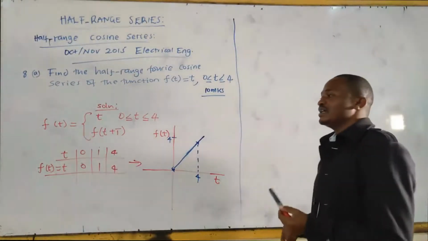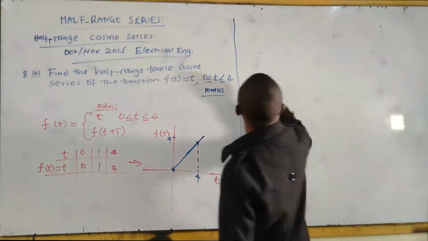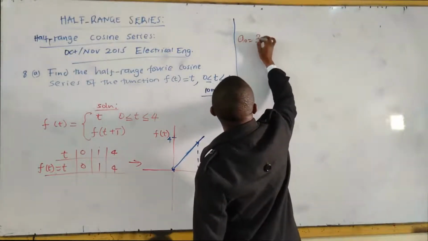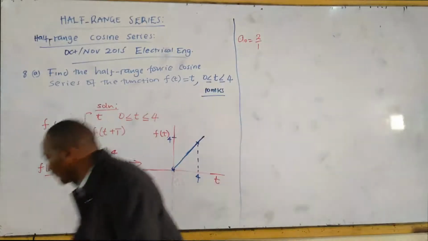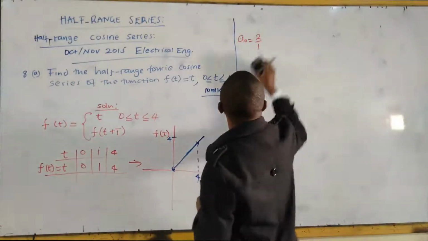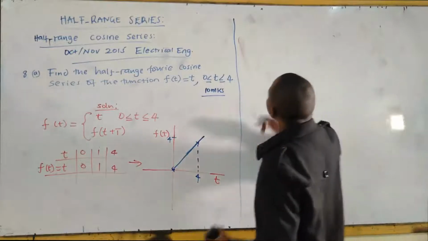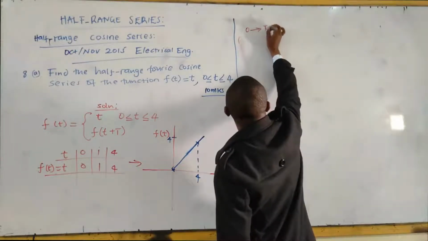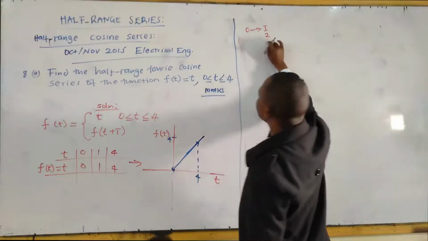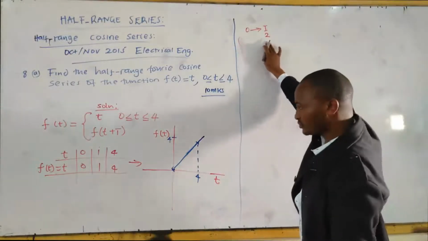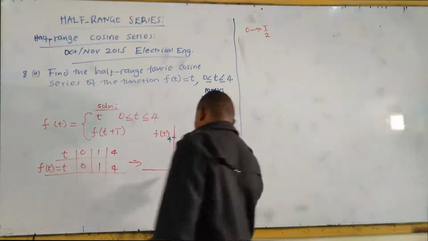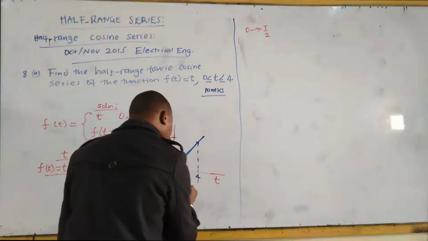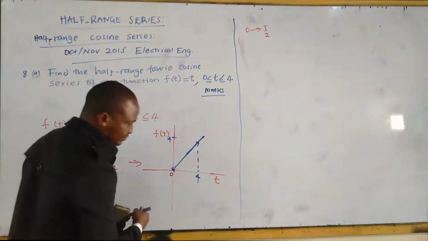Let us find A naught. A naught is equal to 2 over T. Maybe before you get A naught, what is the value of T? You see 0 to T over 2, because you are given half of the range. This one from 0 to here is 4 seconds.